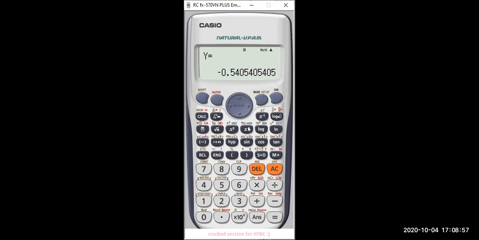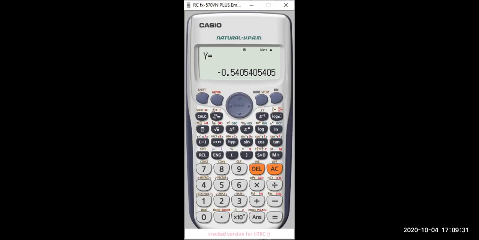One more time, what are the values? 14, minus 5, 50, minus 5, 15, minus 25. After entering that, we get the first variable value, 3.37. Similarly, the second one, I2, is minus 0.541.